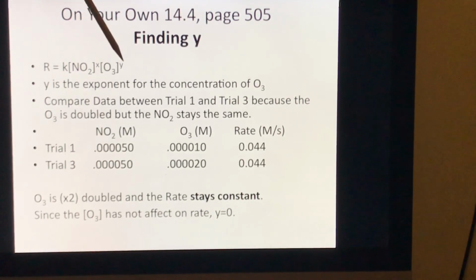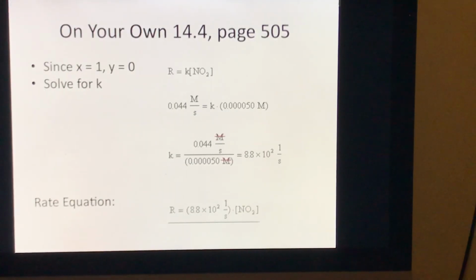So this Y here is equal to 0. Since our Y is equal to 0, we drop the O3 and the brackets around it from the equation. We have R equals our rate constant times the concentration of the NO2. Since X was equal to 1, we don't write the 1, it's just understood.